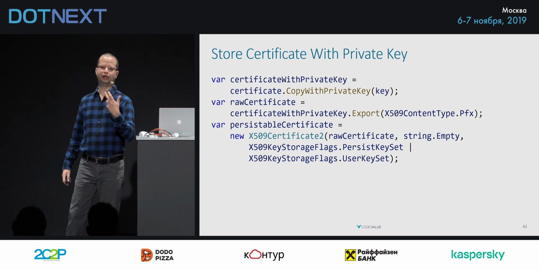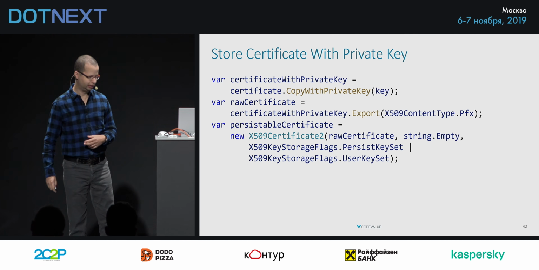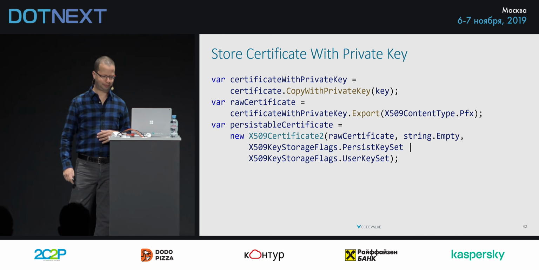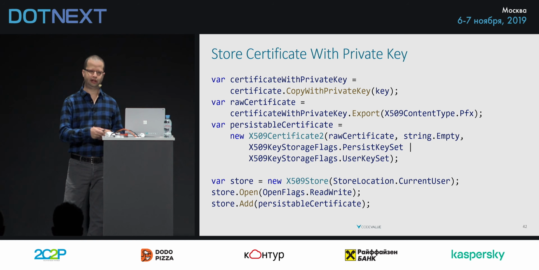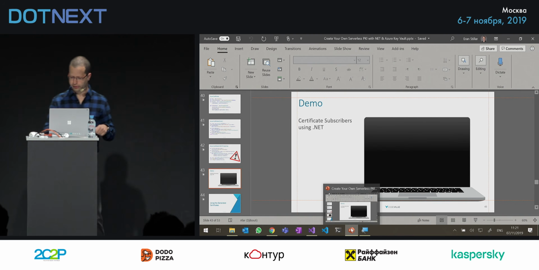So allow the private key to be stored and persisted in Windows. Now this will work also on Linux and Mac, so you can keep it much the same way. And once you have the persistable certificate, you can just open the X509 store and add it. And that's about it. So let's see how this works.